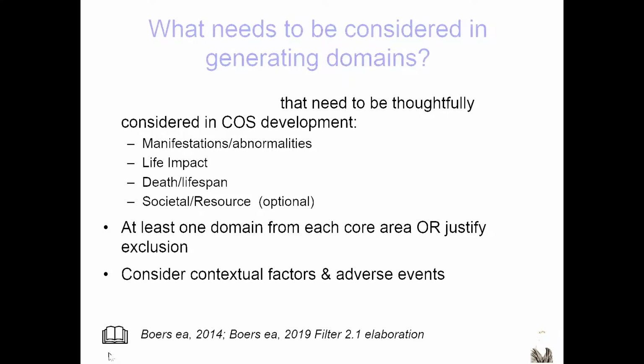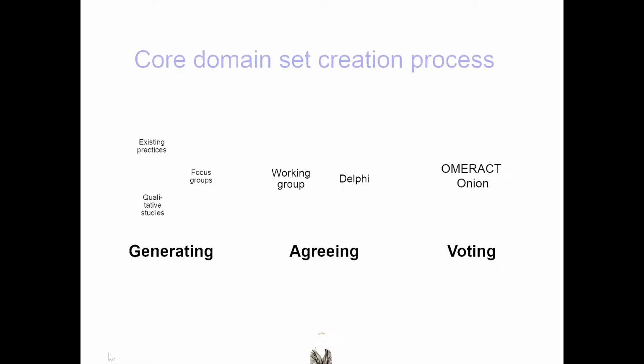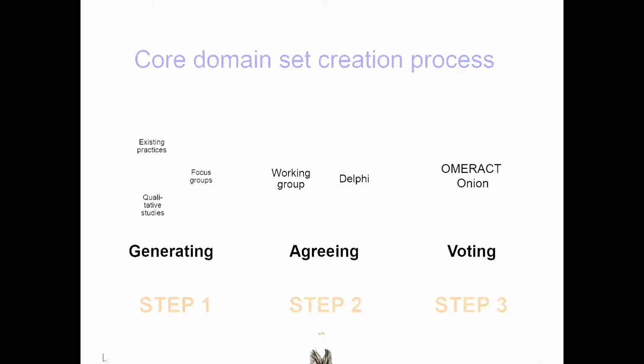Finally, a summary of the process of developing a core domain set. Within OMERACT, we distinguish 3 steps. We start with generating the domains, and in a minute, Ingrid will show you how the myositis group went about this. If you have identified all the relevant domains, you need to agree on a reduction of the number of domains.